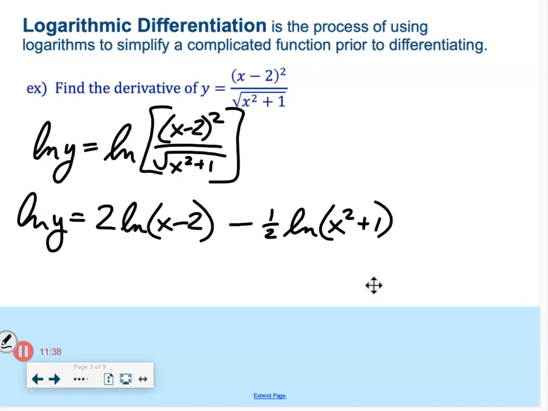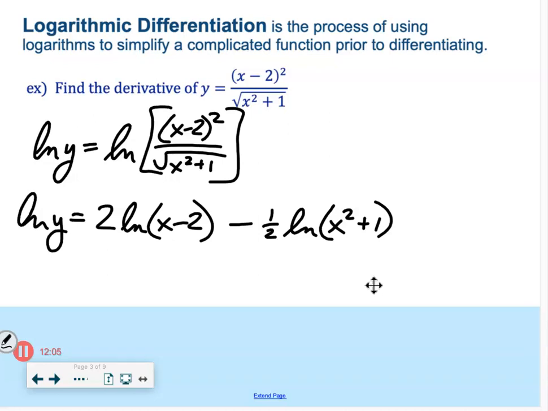So now we're ready to differentiate. I'm going to walk you through this derivative because some of you might not have done your homework last night yet, and might not have practiced derivatives of logs. After today, I think you'll be much more zippy with your derivatives of your logs. First, you have to differentiate both sides, so we differentiate the ln y.